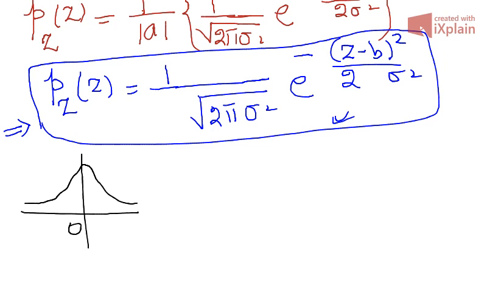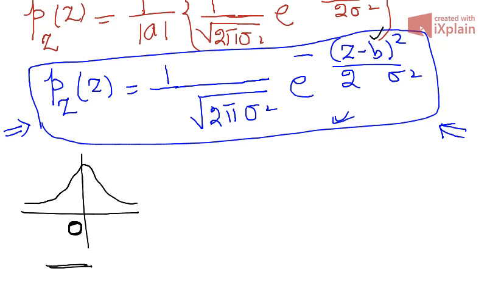Now if you compare it with the generalized expression of the standard Gaussian random variable, it says that this value B is the mean. Now here the mean is 0 for AWGN, so your expression is just z square over 2 sigma square, right?